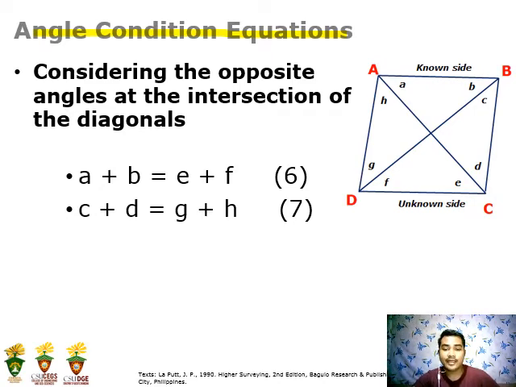So therefore, A plus B must be equal to E plus F. So A or B, pag ato na siyang E plus, no, must be equal na siya sa F or E. And for C, pikas na pod, another side, kay diagonals man. So si C og si D, dapat ato nang i-add, dapat equal daw na sila tanan, no, sa H or sa G. So muna siya ang pasabot sa angle condition.